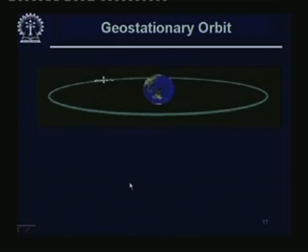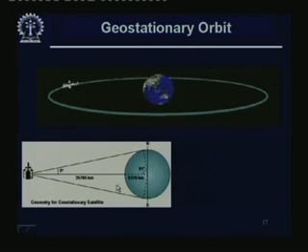So, as the earth is moving, the satellite is moving along with it, and so far as some point on the earth is concerned, it would appear that the satellite is stationary over its head at all times.